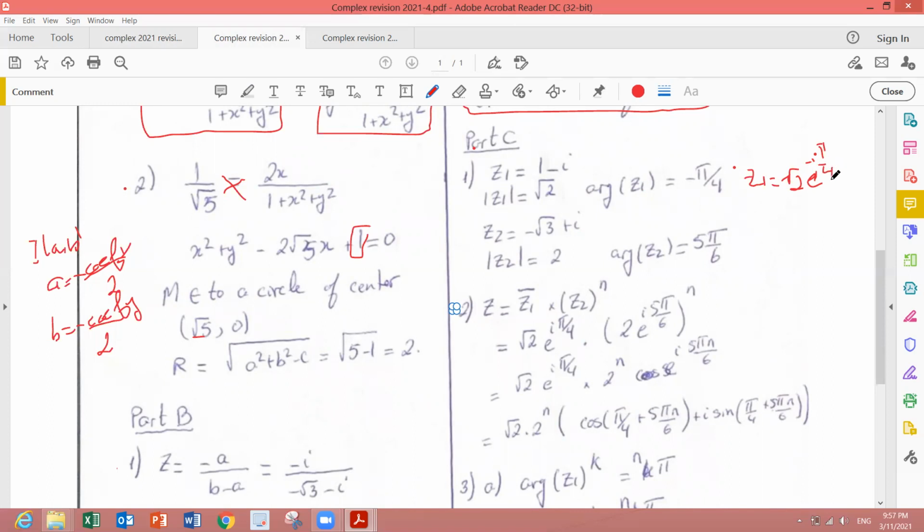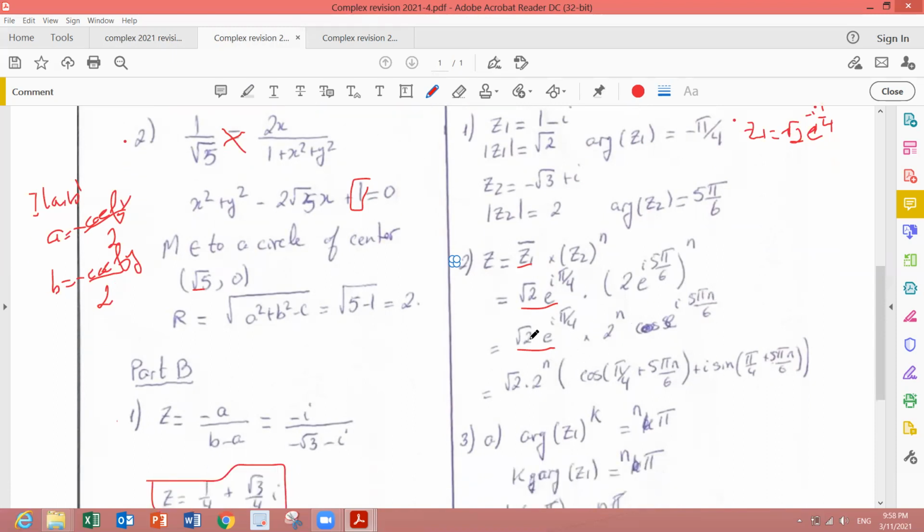So Z1 bar is radical 2 e to the i pi over 4. Z2 is 2 e to the i 5 pi over 6, to the power n. It will be radical 2 e to the i pi over 4, times 2 to the power n, e to the i 5 pi n over 6.